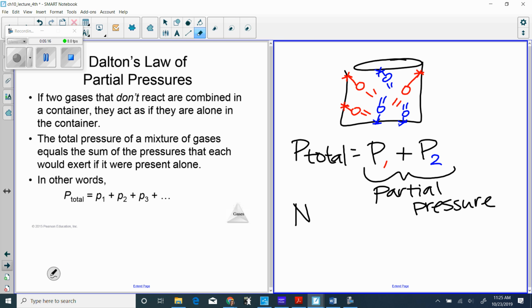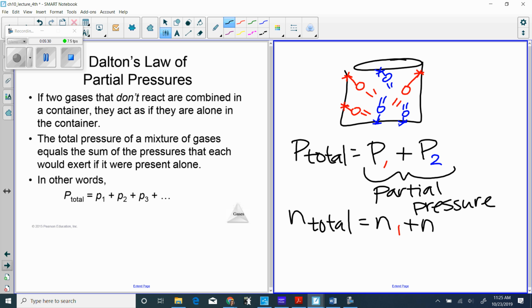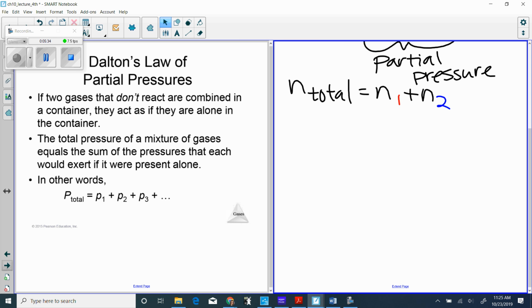Lowercase n. The number of moles is also the same. I could separate out how many red ones are there and how many blue ones are there, and add them together or keep them separate.